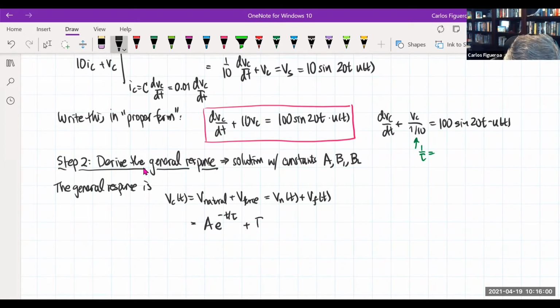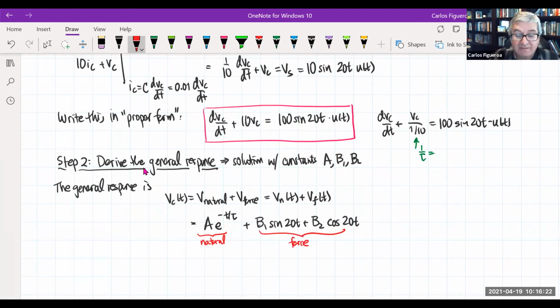So it's going to be B1 sine of 20t plus B2 cosine of 20t. Right now, this guy right here is my natural response, and this guy right here is my forced response. That's my general solution right there. You just write this down immediately.